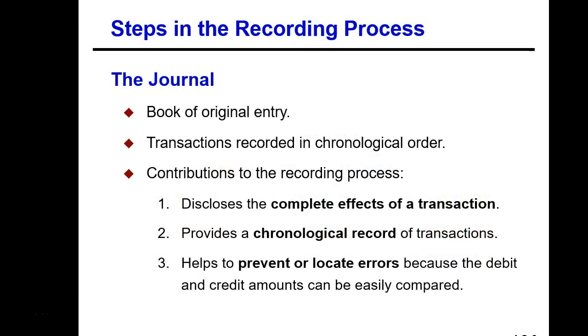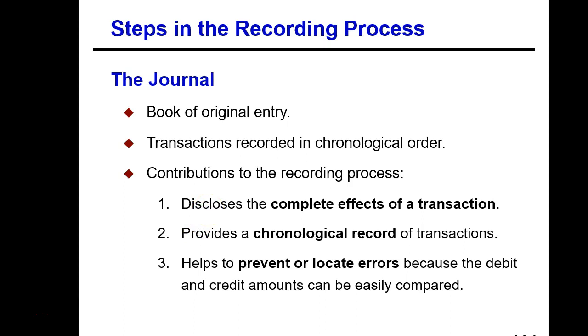The journal is called the Book of Original Entry. This is the first place we're going to record our different types of business transaction. In the journal, you record the transactions in chronological or date order. When it comes to the recording process, we want to make sure that you record the complete effect of a transaction.